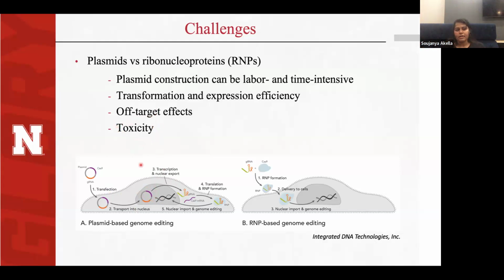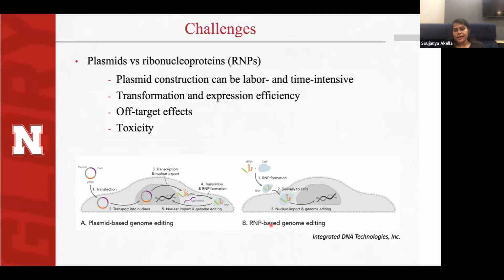So for all these reasons, plasmid-based genome editing can be quite complicated, although it is a fairly conventional method of expressing foreign genes in cells. I mean plasmids themselves. Here, of course, we're talking about specifically using plasmids for genome editing.